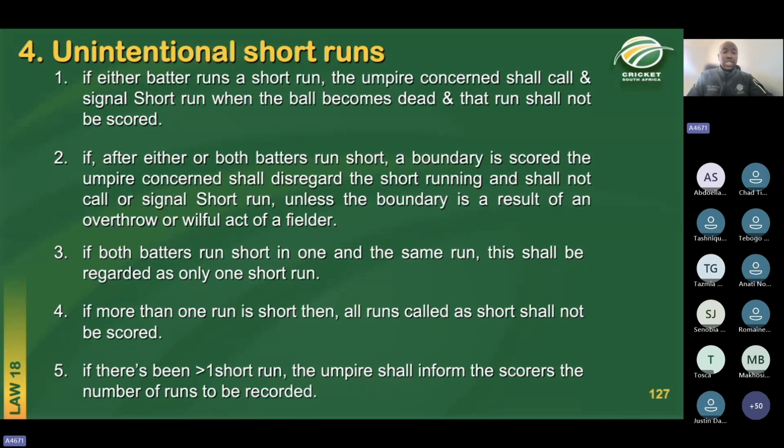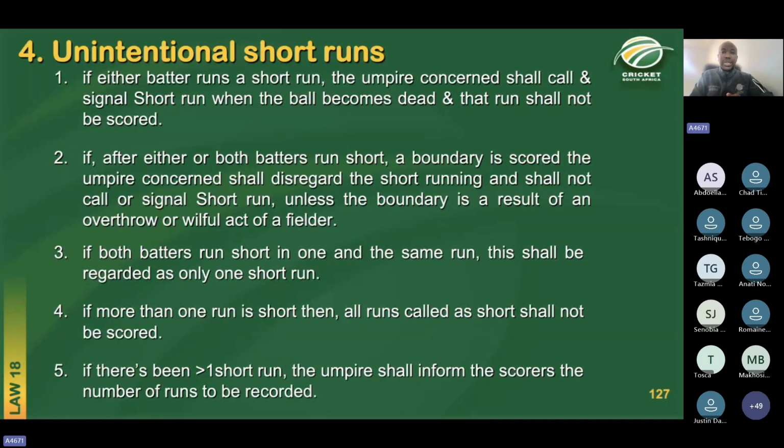If both batters run short in the same run, this shall be regarded as only one short run. If more than one run is short, then all runs called as short runs shall not be scored in that delivery. And now if there has been more than one short run in that delivery, the bowler's end umpire shall inform the scorers the number of runs to be recorded for that delivery.